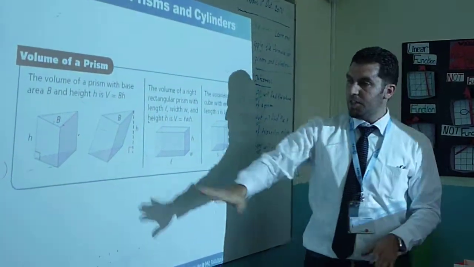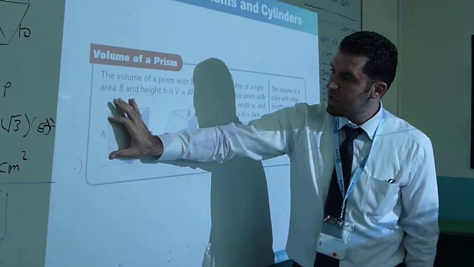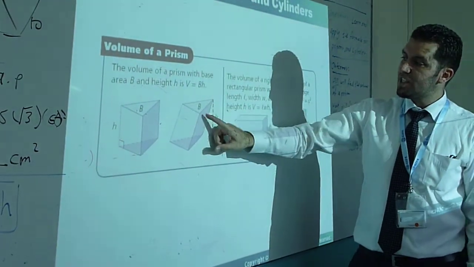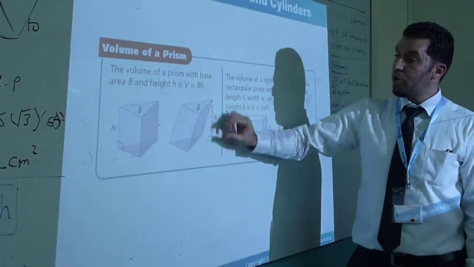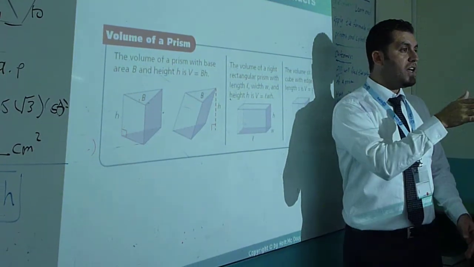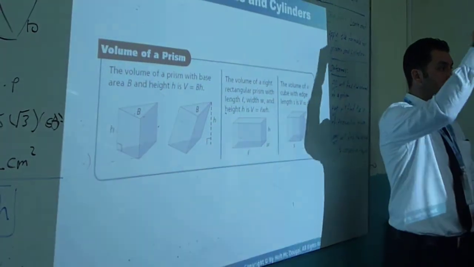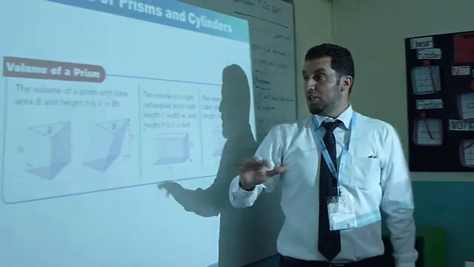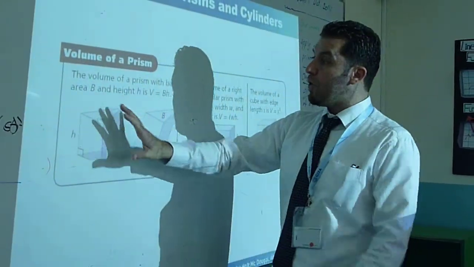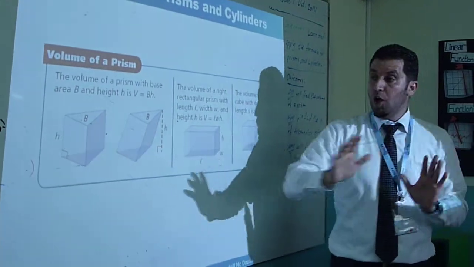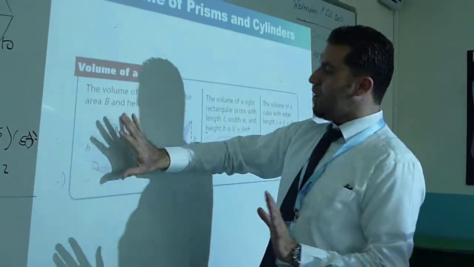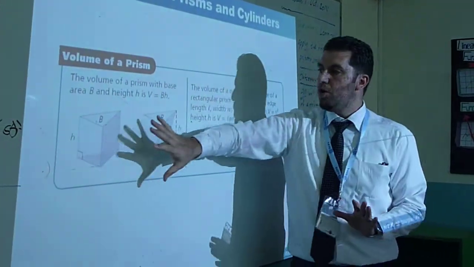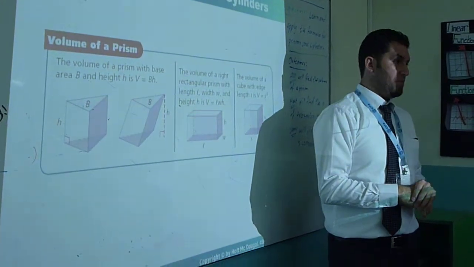Here, the height is not the edge, because the distance is a straight perpendicular line from a point to the segment. So this is a general formula for any regular polygon prism or oblique prism.